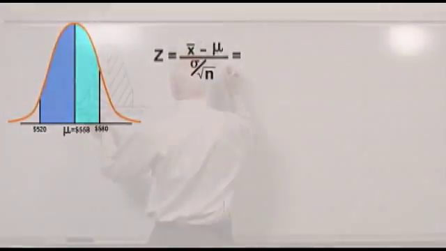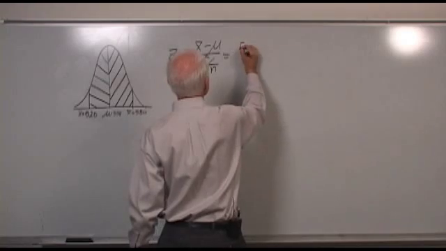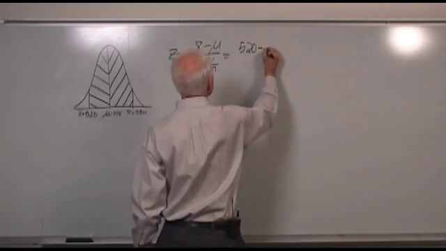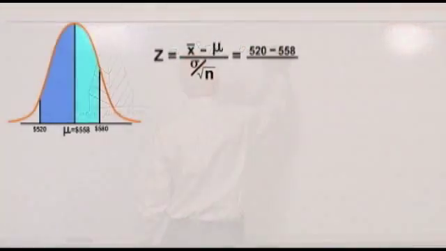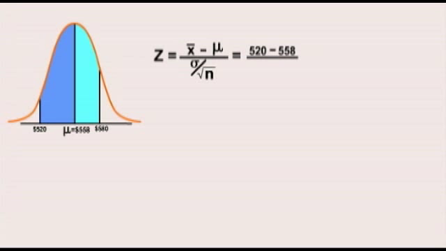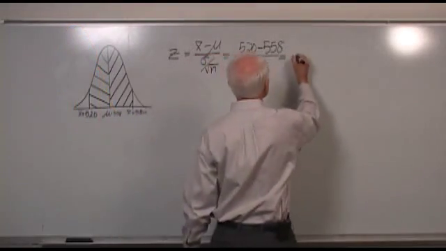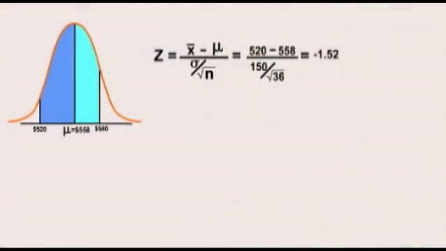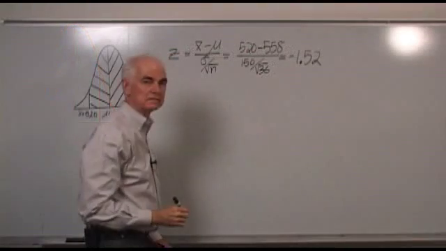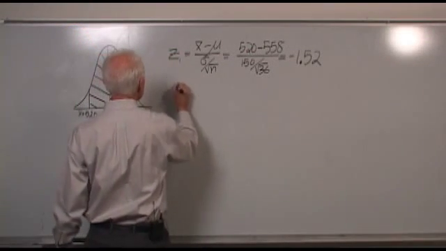We can work either one first. We'll do the 520 first: 520 minus 558, the population mean, over the population standard deviation over the square root of n, which is 36. As a result, we obtain a z of minus 1.52.